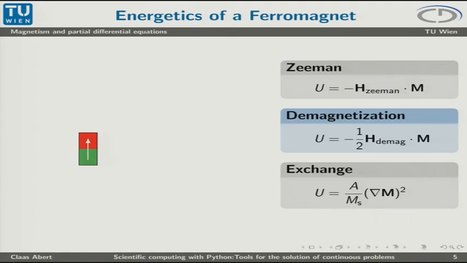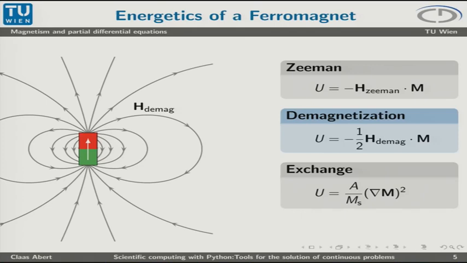The next contribution is called the demagnetization field. As I told you, every elementary magnet is a small magnetic dipole, and that means it not only moves in magnetic fields, but it also creates magnetic fields, in this case the dipole field. You can see here the magnetic field lines.